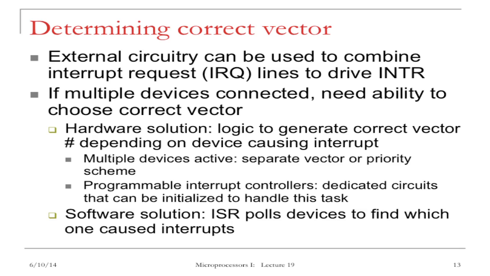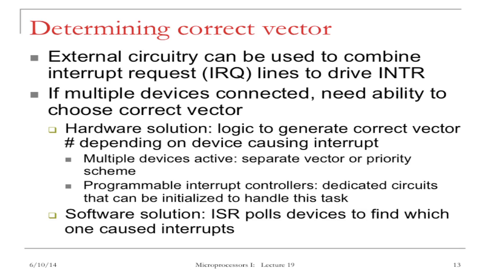External circuitry can be used to combine IRQ lines to drive INTR. If multiple devices are connected, we need the ability to choose the correct vector. Because for x86, it only has one interrupt pin, well, including the NMI, we have two.